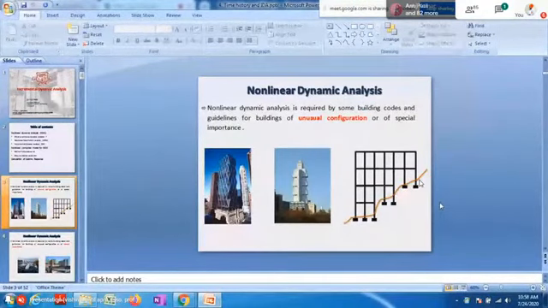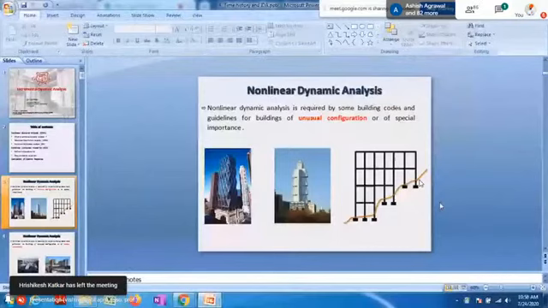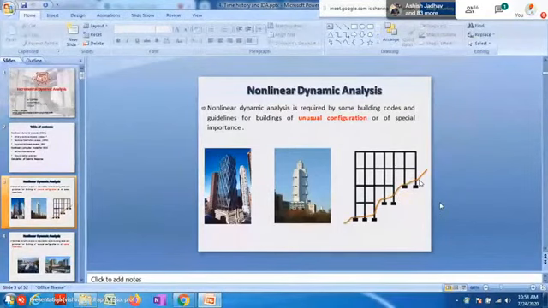So in this case we must go for a non-linear time history analysis. But non-linear time history analysis is the most rigorous. The non-linearity has to be assigned very clearly to each and every element. The user must know what has been assigned to each element. So without knowing, don't go for this analysis.